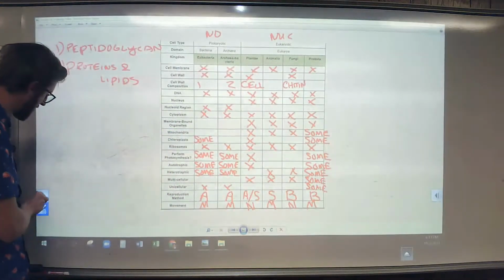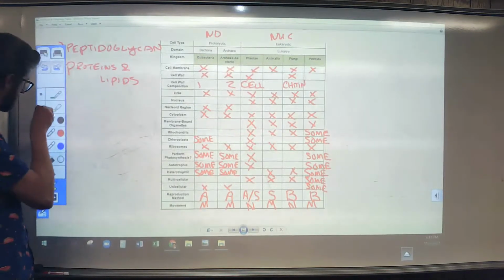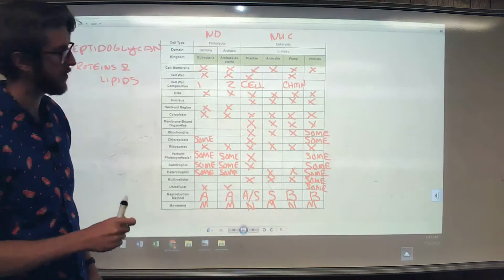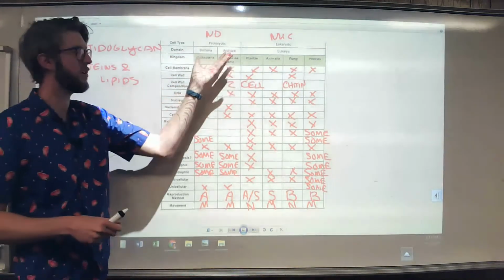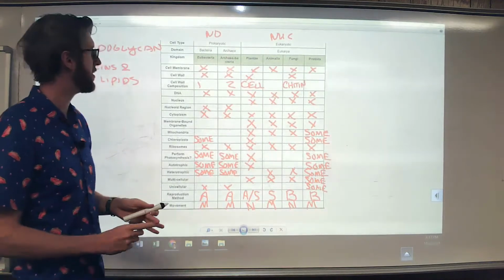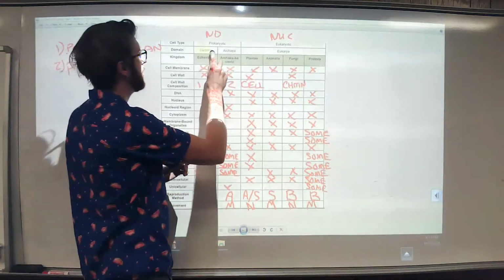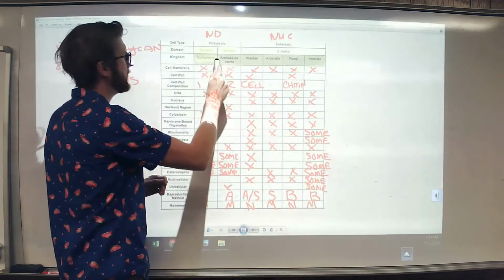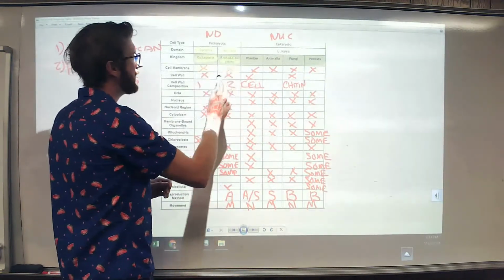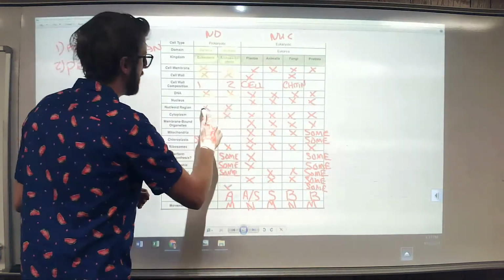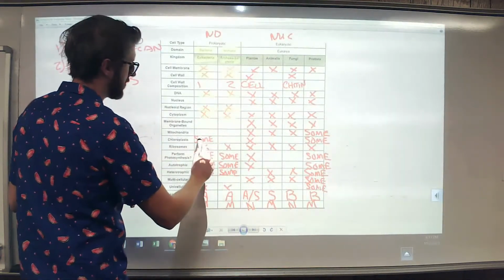As far as archaea versus regular bacteria, there's things I want you to know the difference between those two. There's actually only one difference. If you'll notice, bacteria and archaea, if you go down the line, everything matches, okay, except for one thing.